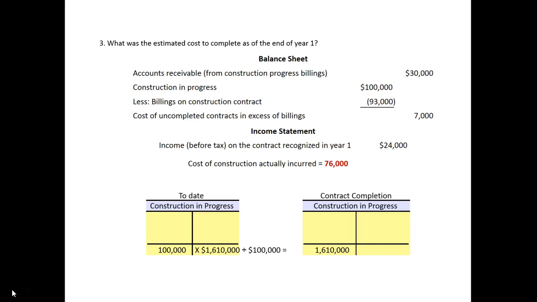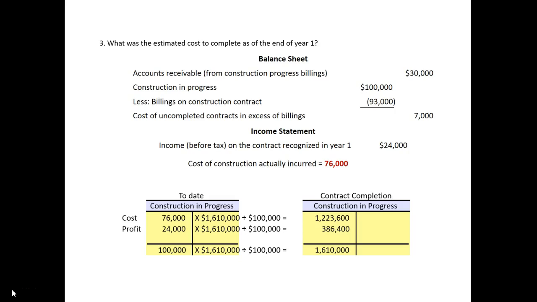We've got the construction to date of 100,000, which shows our profit of 24,000, which helps us to see what our construction in progress was during the year, and our costs to date of 76,000.